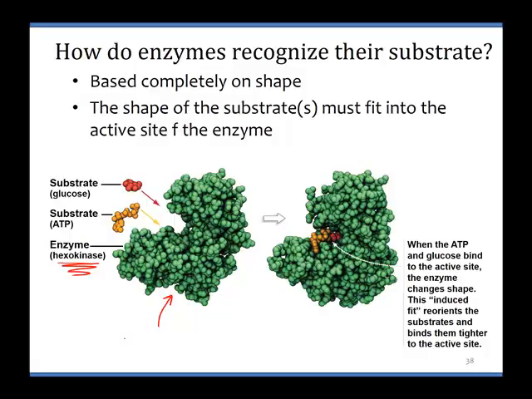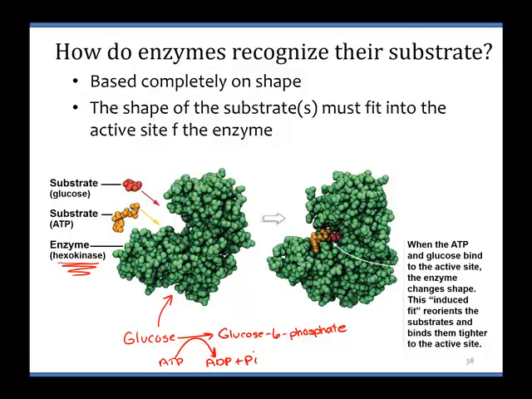Remember, he was the one that took glucose and turned him into glucose 6-phosphate. And along the way, he took some ATP and hydrolyzed it into ADP and an inorganic phosphate. All right?